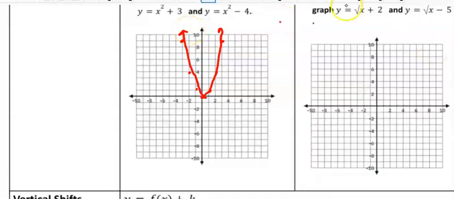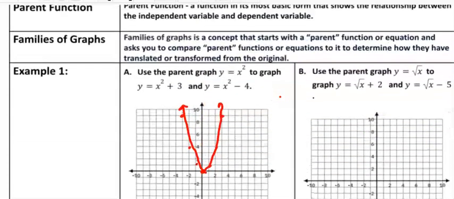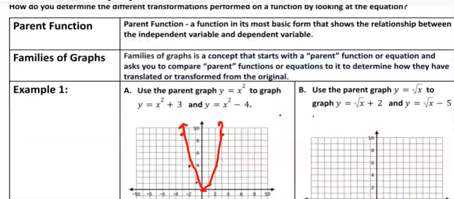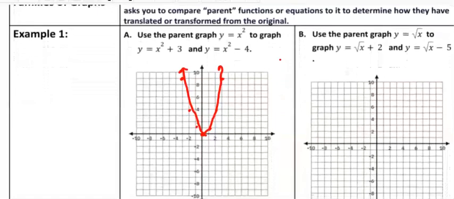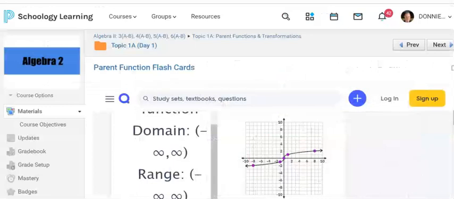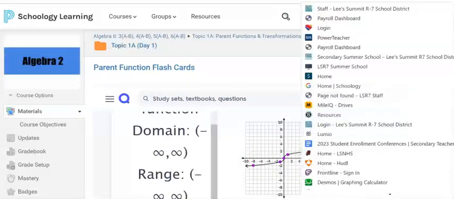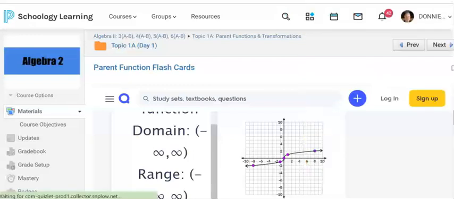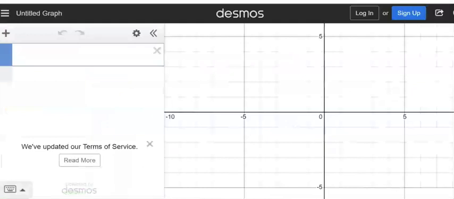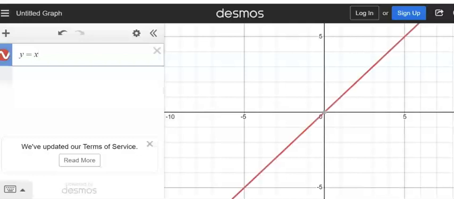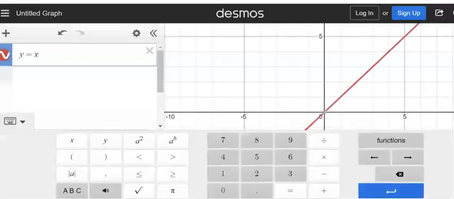If I wanted to graph x squared plus 3. So if I go into Desmos and put in y equals x squared.